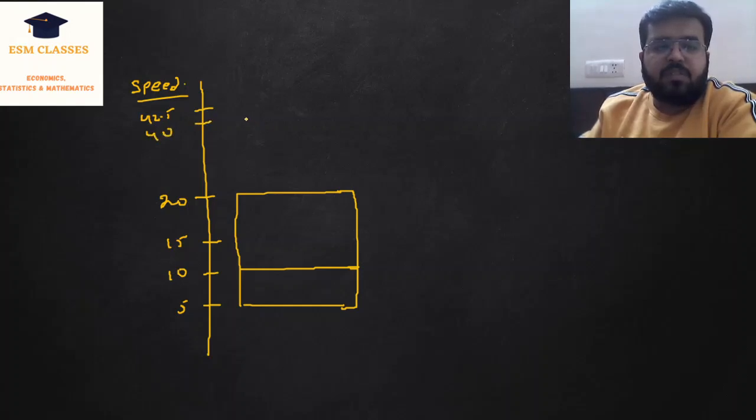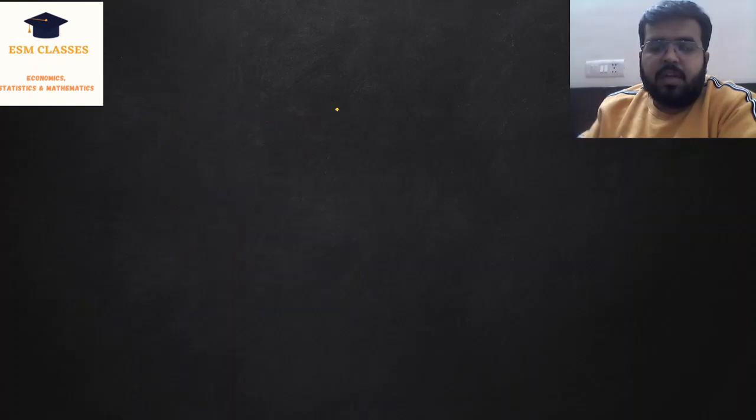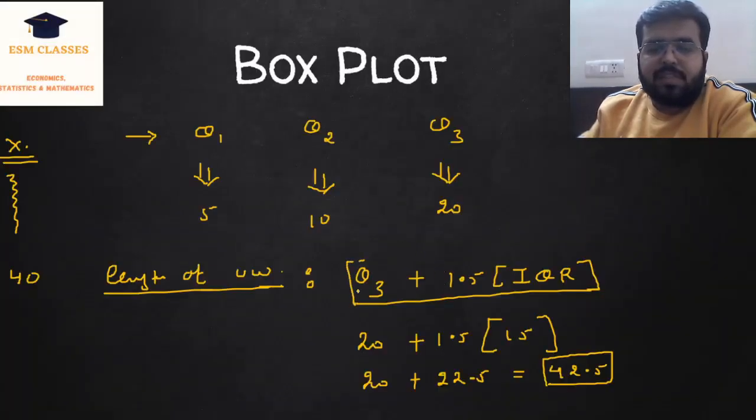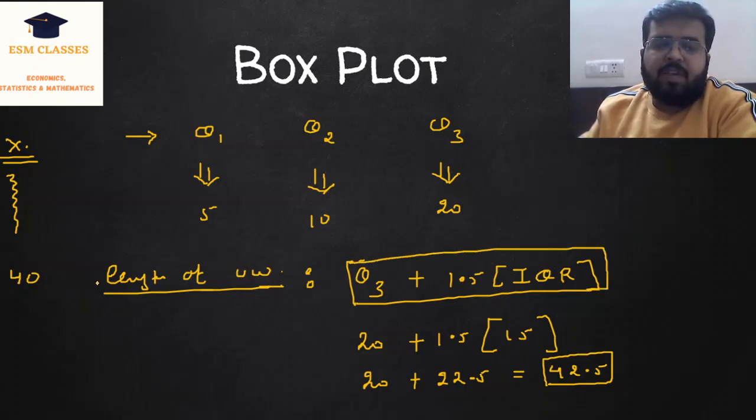We need to draw the whisker till 40 because 42.5 is lying outside of my data set, and we are making the graph to depict the data set. Since this value lies outside the data set, we will not consider it for the upper whisker, and hence we make our upper whisker till 40.